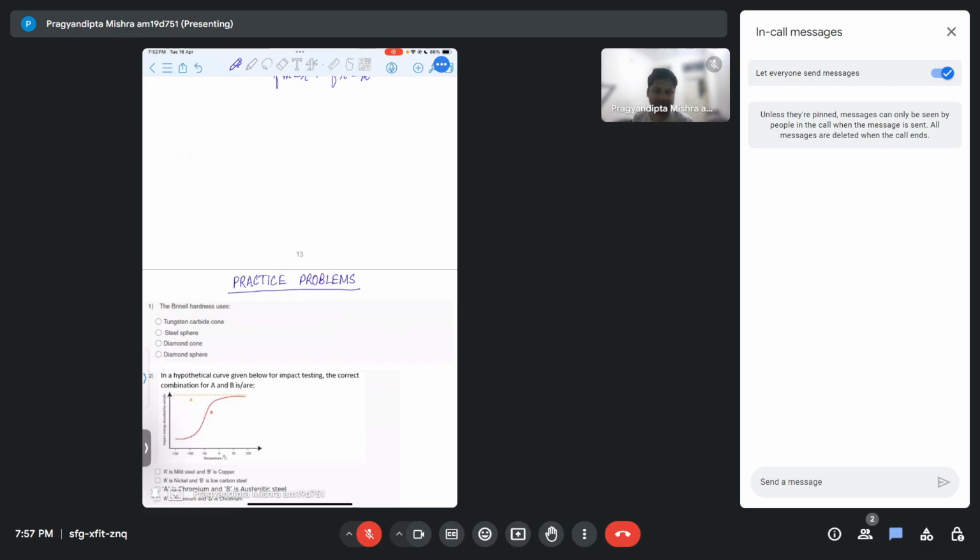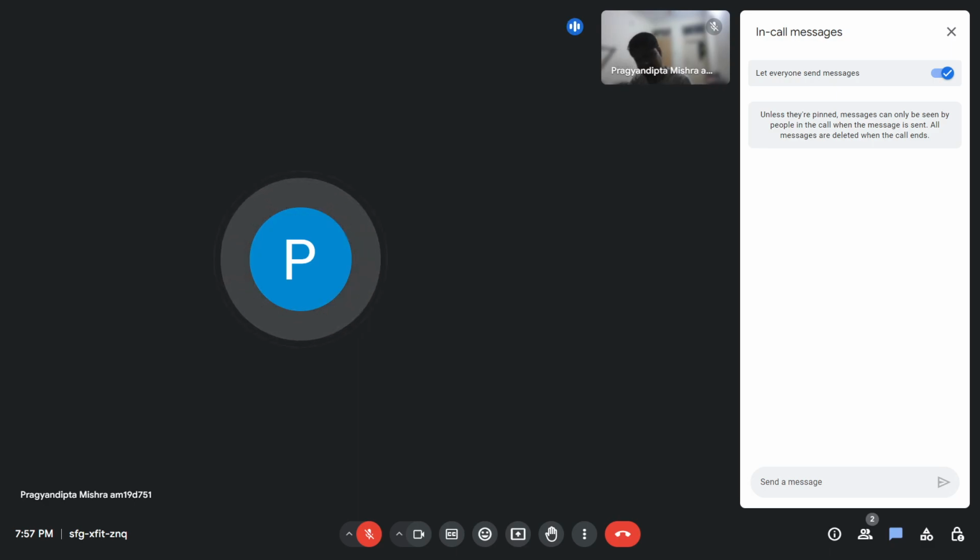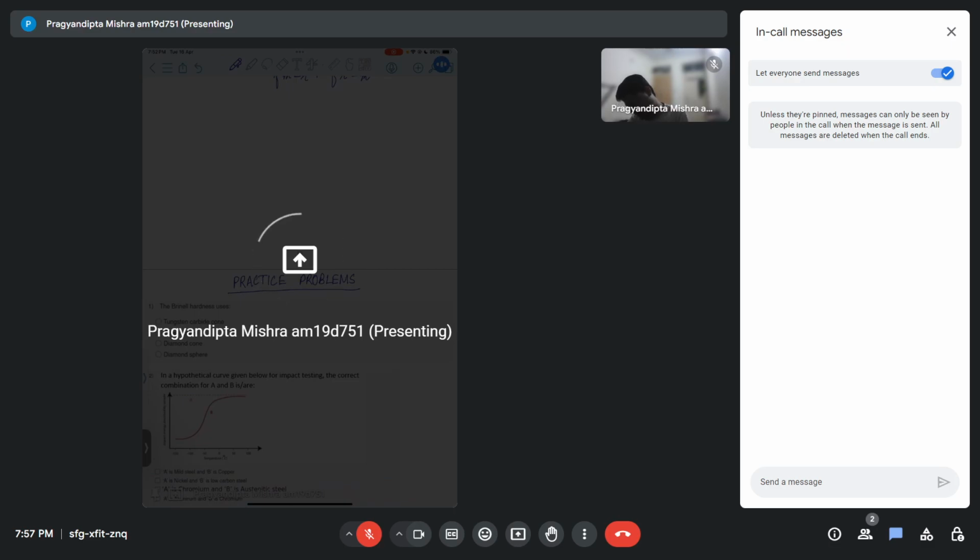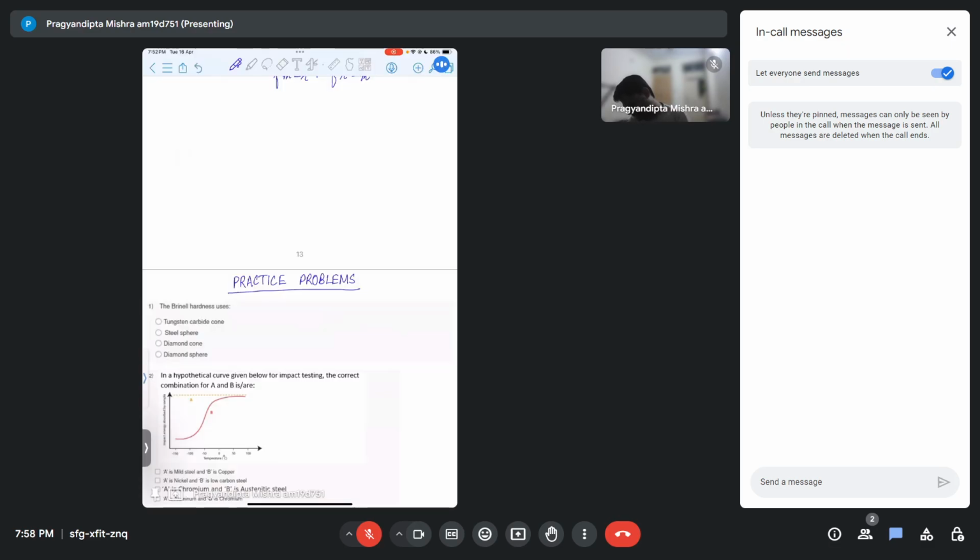My screen is not changing. Let me just check. I think there's something wrong with my screen. Just reshare it. Why is it stuck?